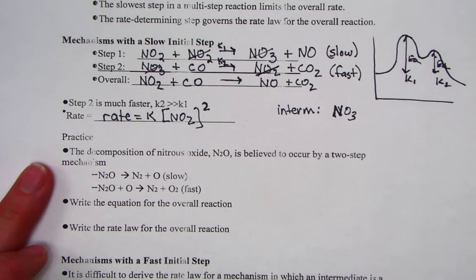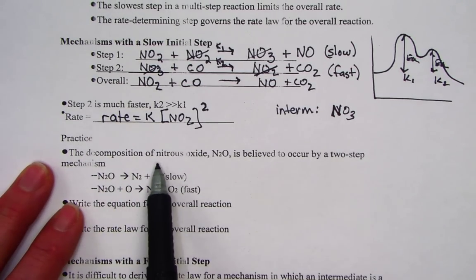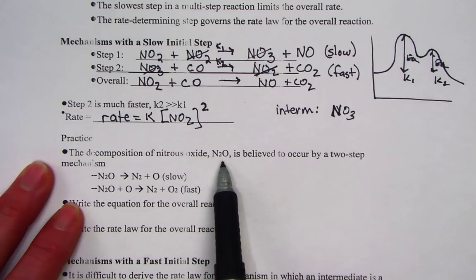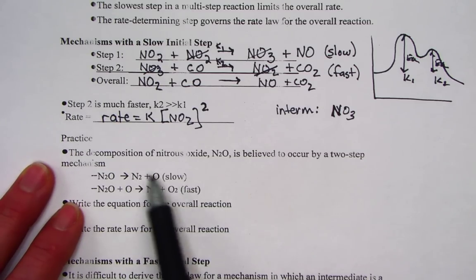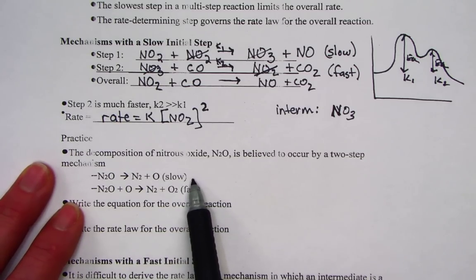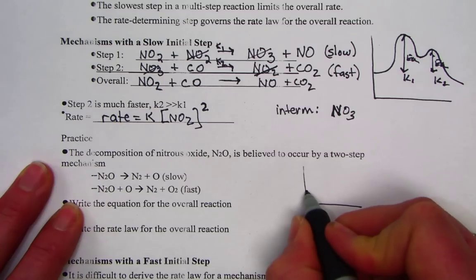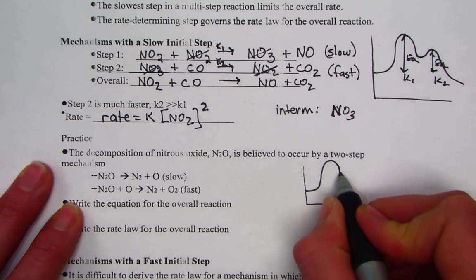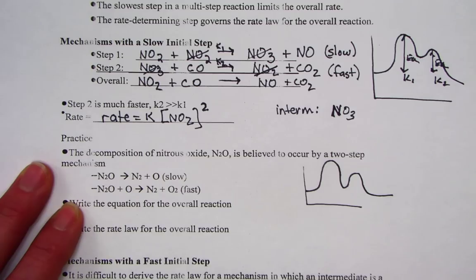Practicing with the decomposition example, let's read this. It says the decomposition of nitrous oxide, N2O, is believed to occur by a two-step mechanism. In the first step, I see that it's slow. In the second step, I see that it's fast. Visually, that's telling me that my first proposed elementary reaction has the higher of the two activation energies.